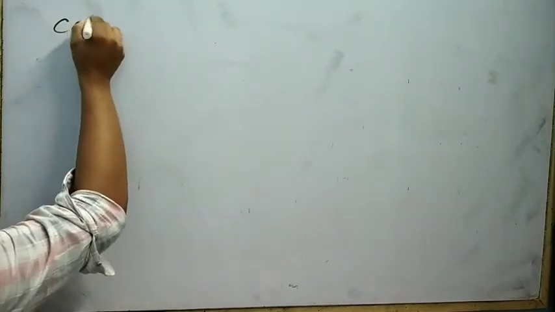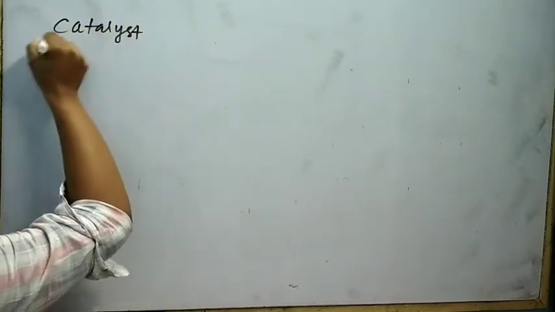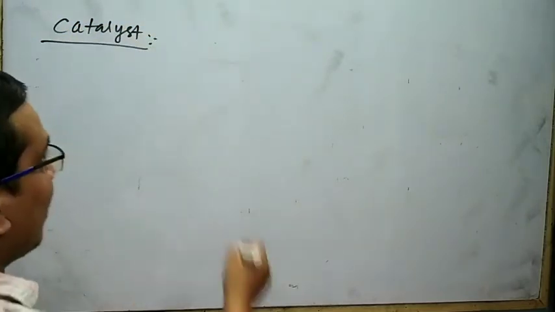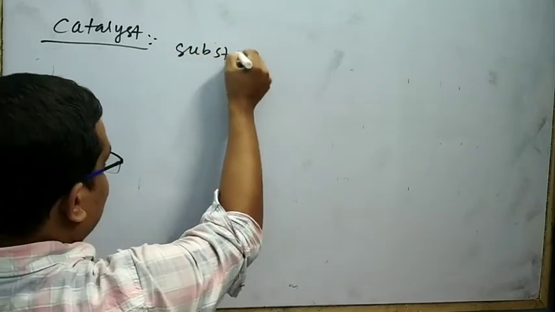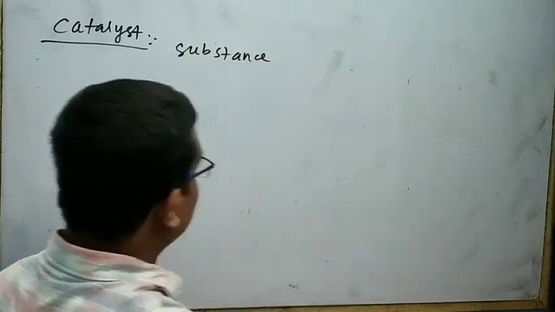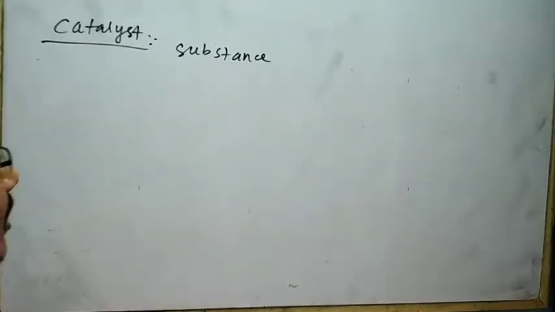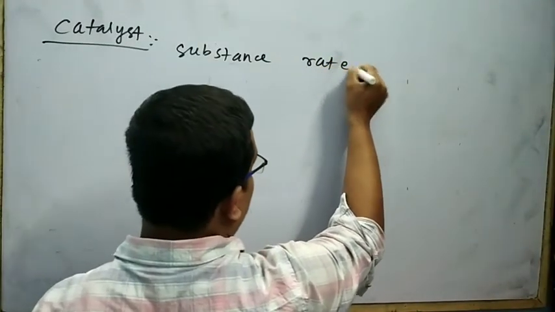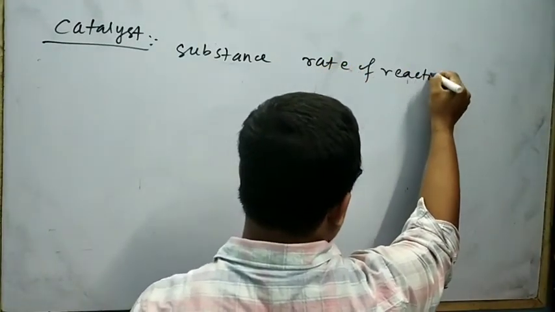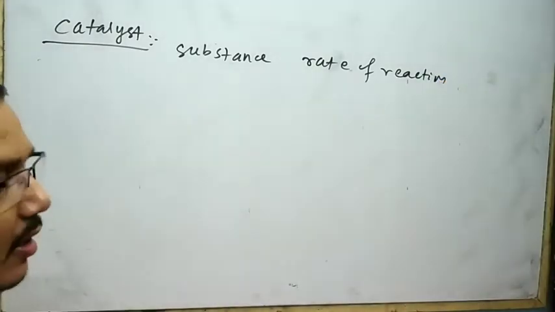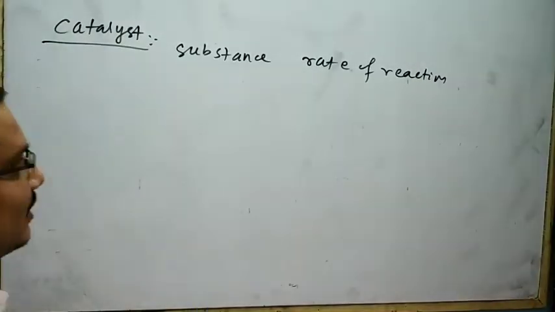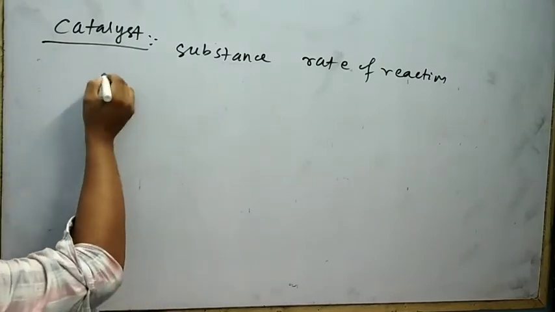Next I will explain about the catalyst. Catalysts are substances which can alter the rate of reaction without themselves undergoing any change. Catalysts are of two types.